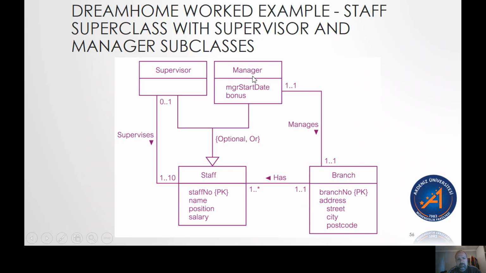If a manager staff person exists, they manage a branch. Okay, so we have this relationship over here. So we've added some visible complexity, but we've also refined some of the meanings of those relationships. That recursive relationship didn't necessarily say that the staff person had to be a special supervisor staff person, but now that exists there, right? So we've really given some more information to our diagram, which is very helpful. Okay.